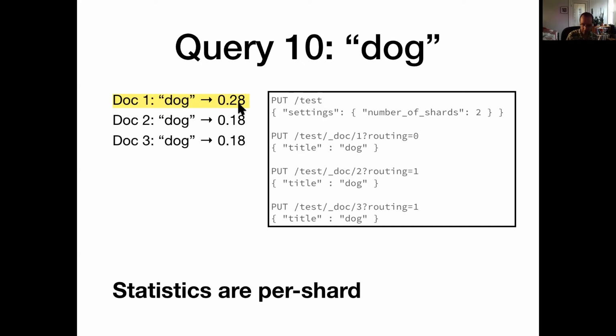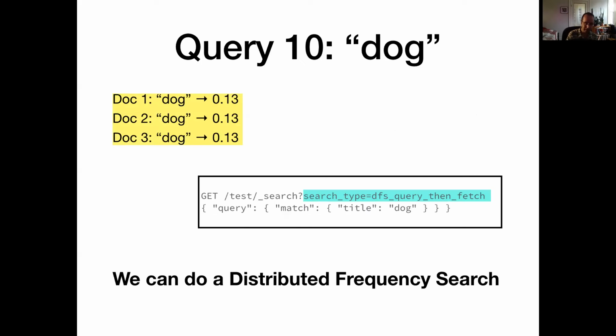If this behavior is not to your liking or not acceptable for a specific use case, you can change it. You can specify a search type of DFS query then fetch.